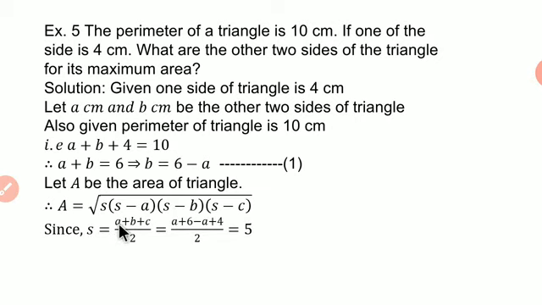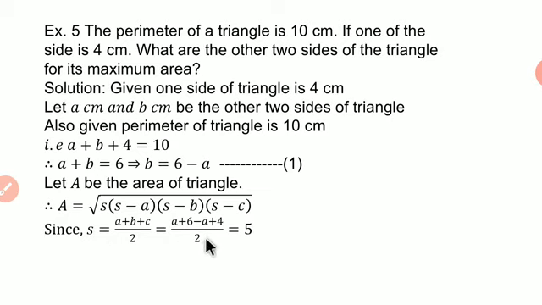Here a as it is, the value of b from relation 1 is 6 minus a, and the third side is given to you, it is 4. So we get here (a plus 6 minus a plus 4) divided by 2. a gets cancelled and 6 plus 4 is 10. So 10 upon 2 is 5. So we get here the semi-perimeter, that means s, is 5.